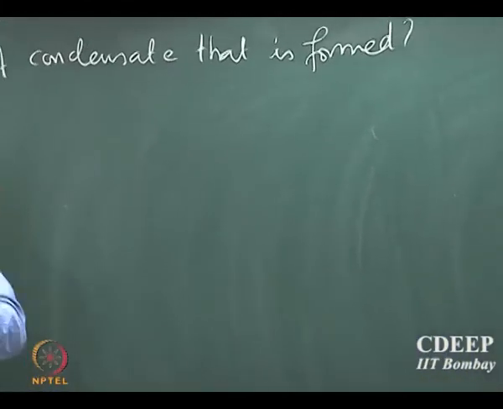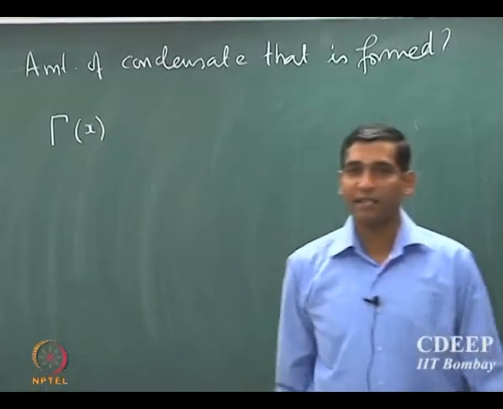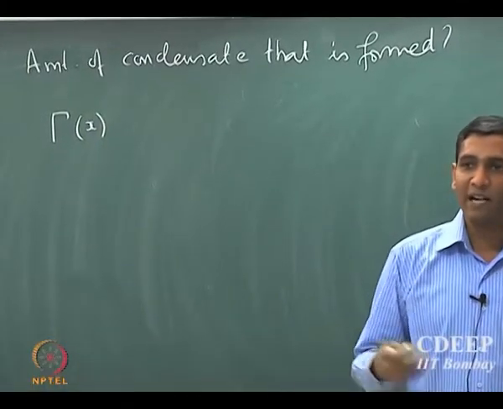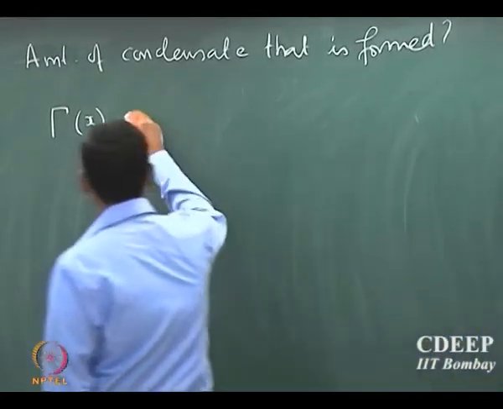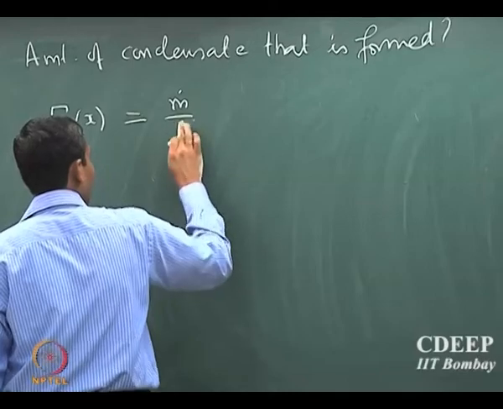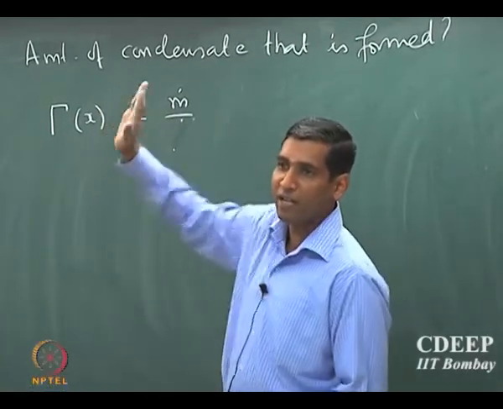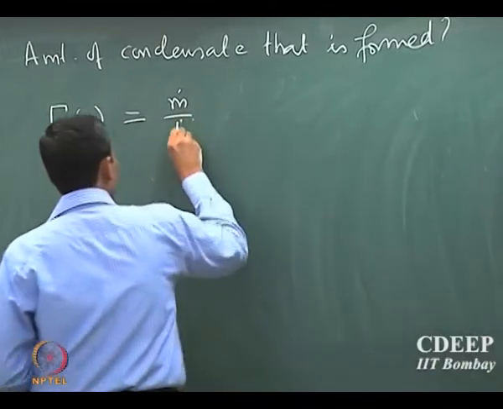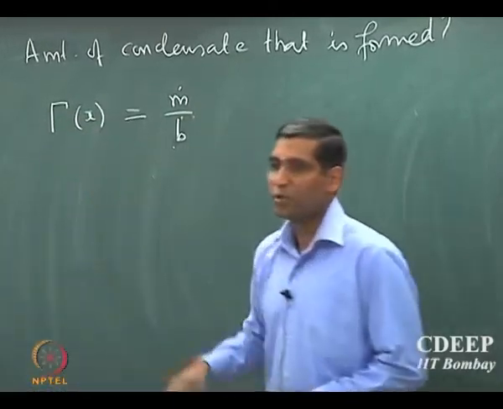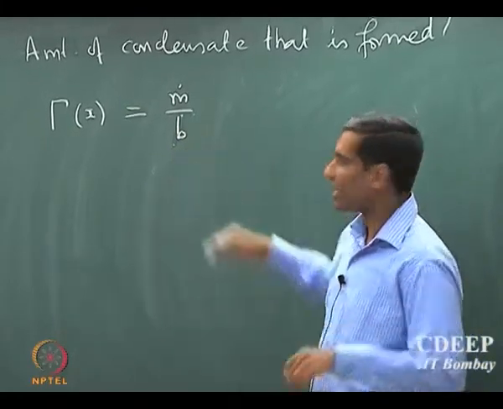Based on the velocity, suppose I call gamma x the amount of condensate at any location. That's given by m dot by b. I am using b, the length of the plate, because I want to be consistent with the legend used in your text.